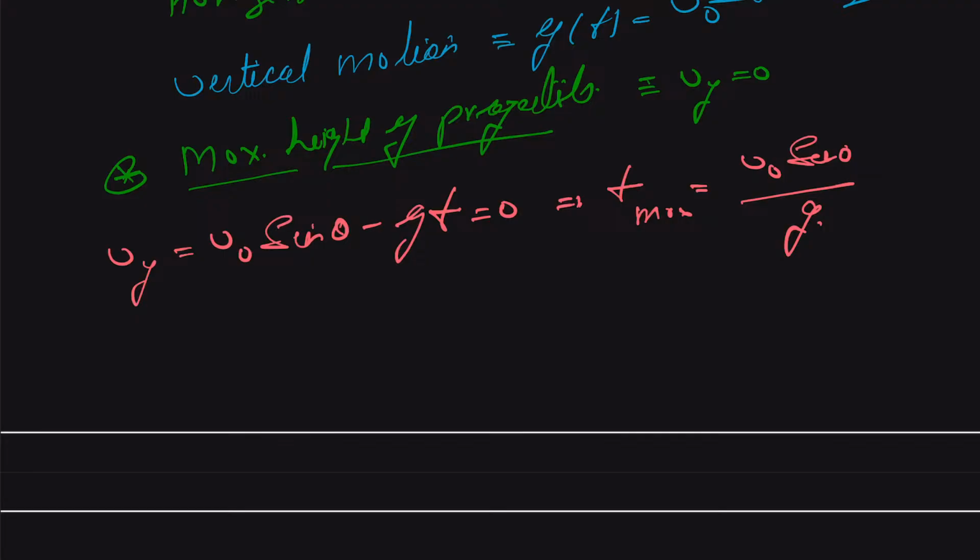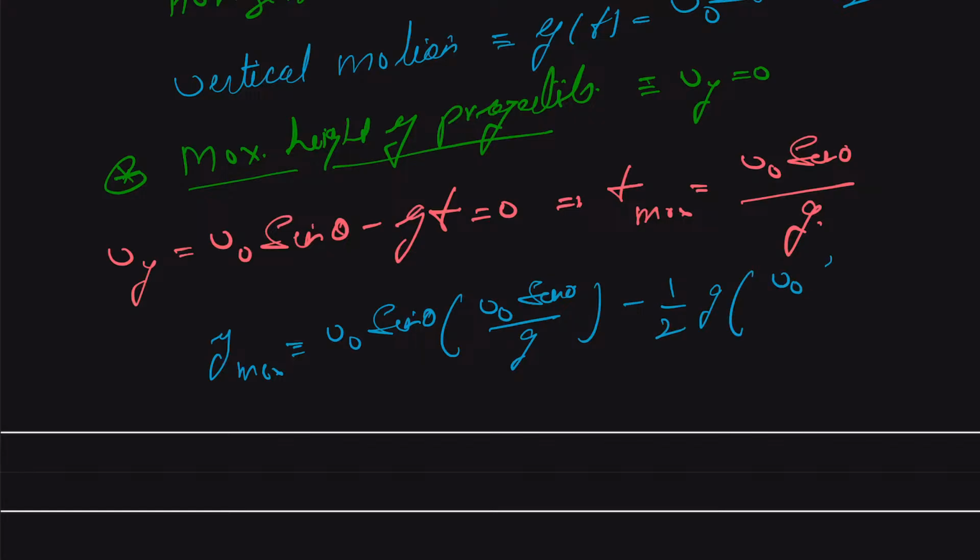And if we substitute this into our vertical motion, we are going to get the maximum value of y. So y max will be equal to v naught sine theta times v naught sine theta upon g, minus 1/2 g times v naught sine theta upon g whole square.